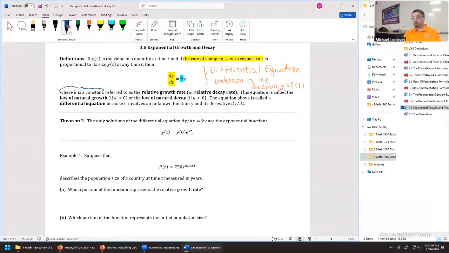K is a constant, referred to as the relative growth rate if it's positive, or relative decay rate if it's negative. But if you're thinking in terms of just ordinary proportional equations, if you say something is proportional to y of t, you get that equation, and k is called the constant of proportionality.